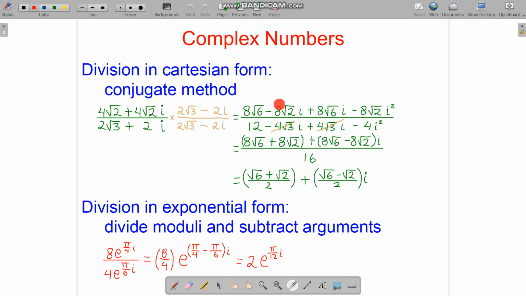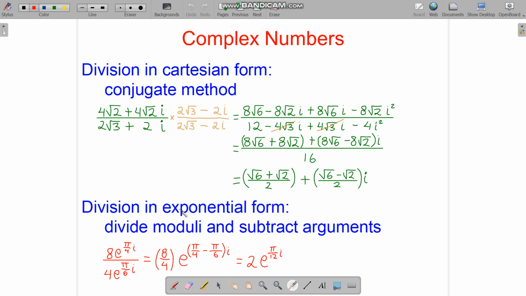We expand, we get this in the numerator, and in the denominator, if we expand one by one, the terms with i will cancel out. We have only a simple real number without i in the end, and you can collect the like terms, the real and the imaginary part, like this.